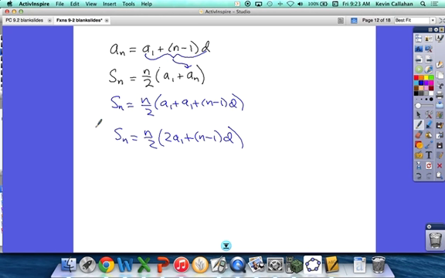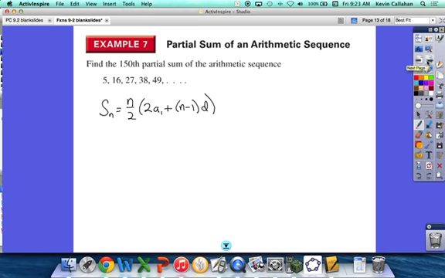I've got it written on the next slide. So now if I was going to do that same problem using that formula, I wouldn't take a step to find the last term because I don't need it.